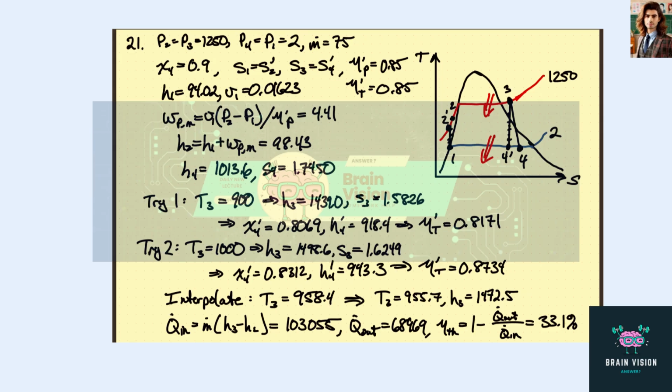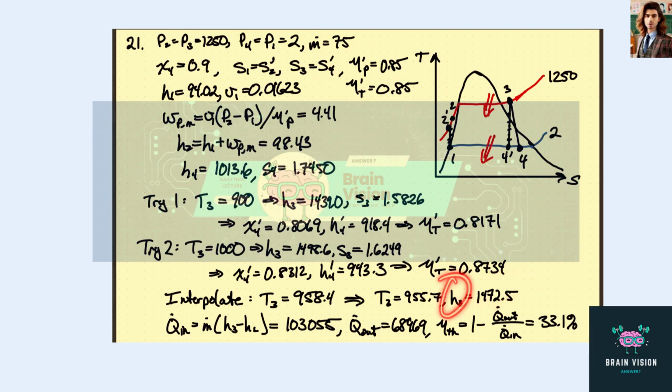If we interpolate, we get 958.4 degrees Fahrenheit. Now, if we use the software, we can get a more accurate value, or you could refine your interpolation a little bit. I did that, and I got 955.7 degrees Fahrenheit, and then the enthalpy at 3 would be 1,472.5 BTU per pound mass.